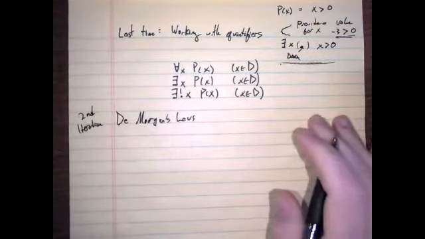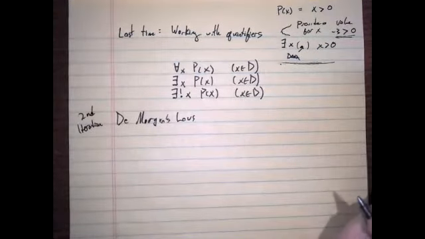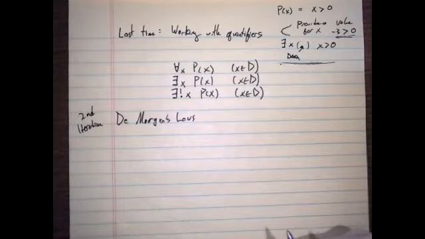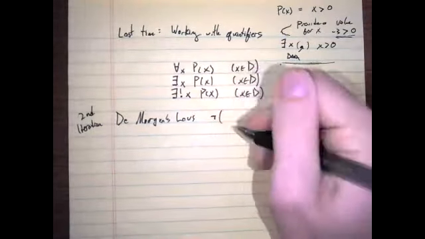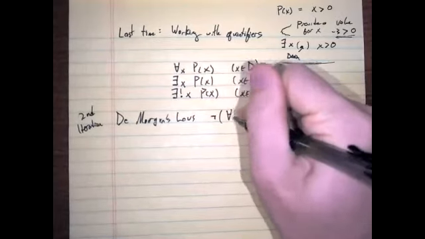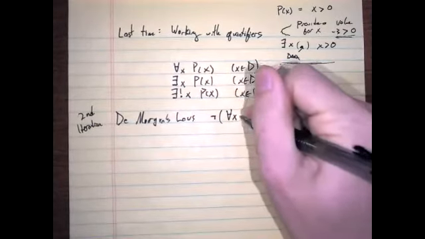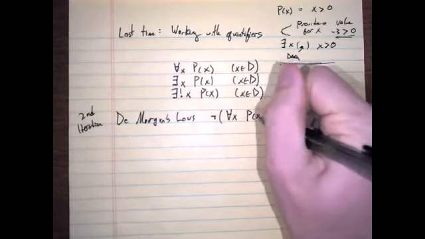This is the second iteration. De Morgan's laws are going to tell us how to negate quantified propositions. So for instance, I want to negate the proposition for all x, P of x.